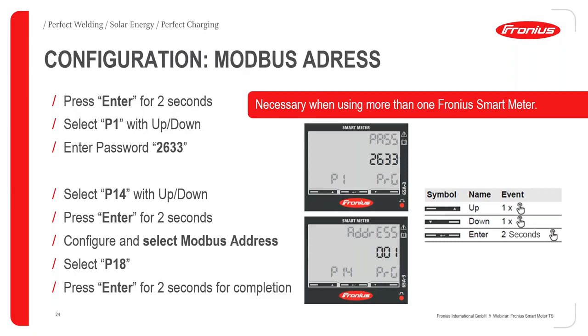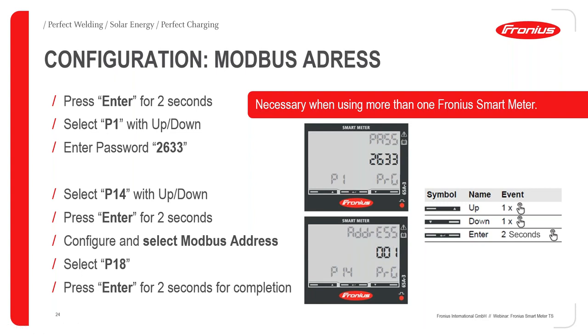So if you're only installing one smart meter in the system and that's it, you don't need to configure anything because it's set as standard to 1 and it's perfectly fine. If we're using a secondary smart meter now, say in a consumption path of the wall box, for example, we then need to do the setting to do from 1 to 2, for example, and so on.